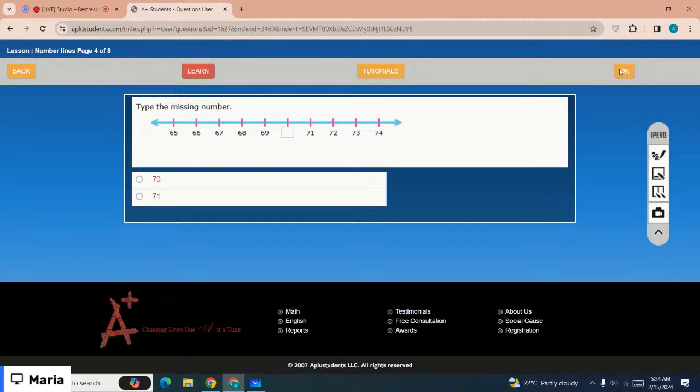Which is the missing number? That is 70 is the missing number, right?